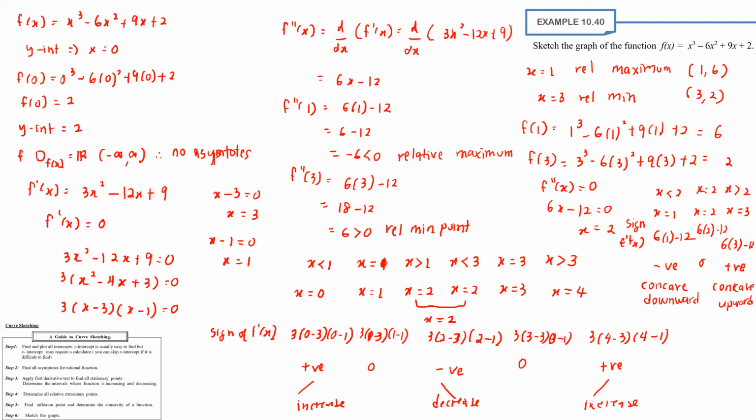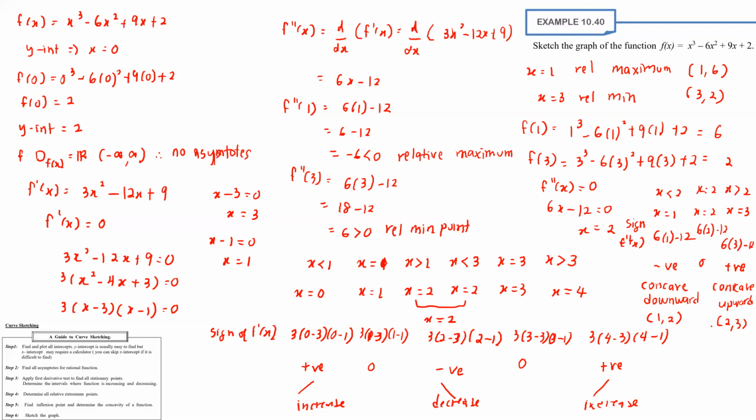So the sign of f double prime x shows concave downward on the interval 1, 2, and concave upward on the interval 2, 3. So here we know that x equal to 2 is an inflection point of f.